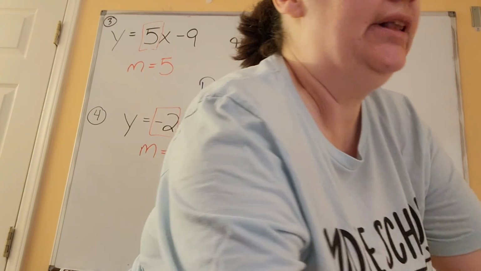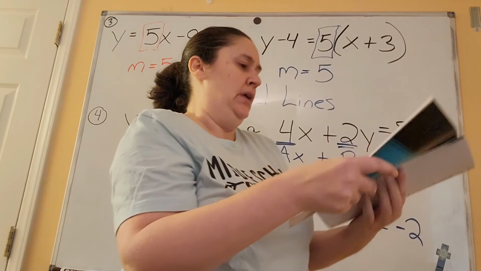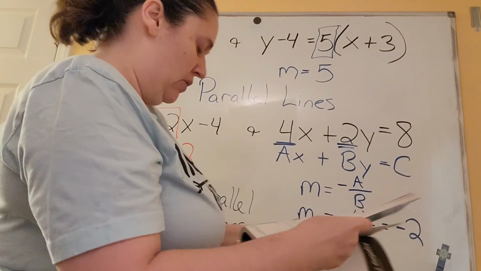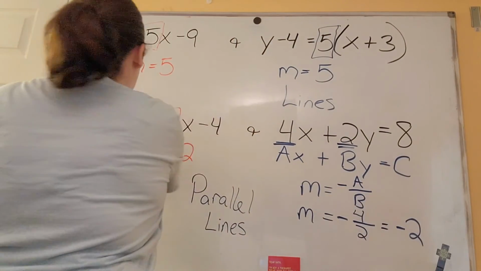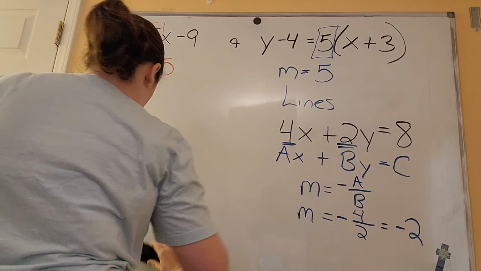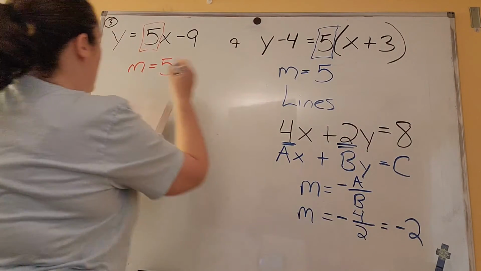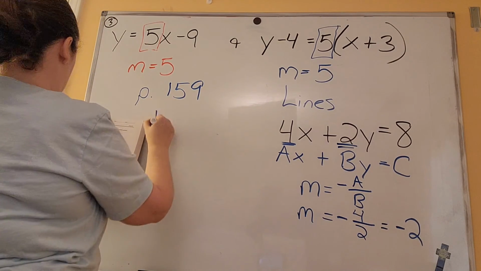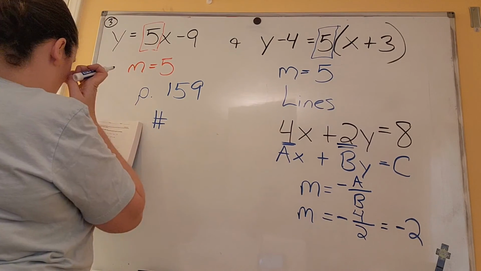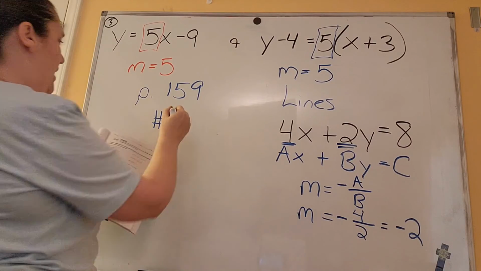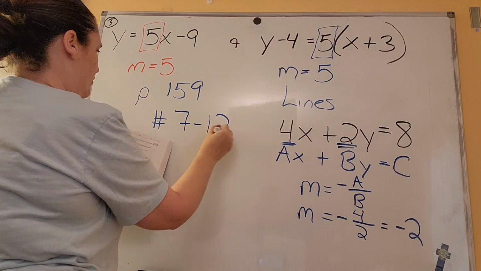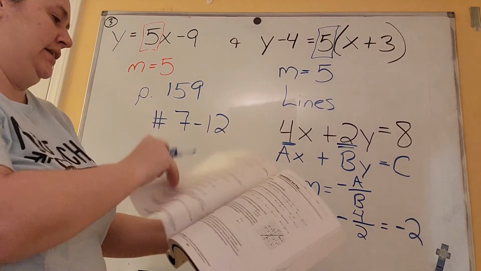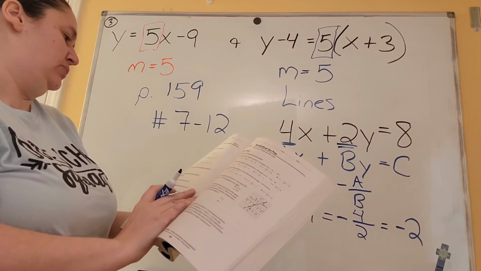Right now, I would like you to get out your workbooks, and you are going to work on page 159. Page 159, you're going to do numbers 7 through 12. And let me see if there are any on the back that I want you to do.